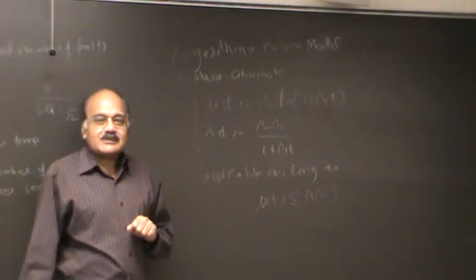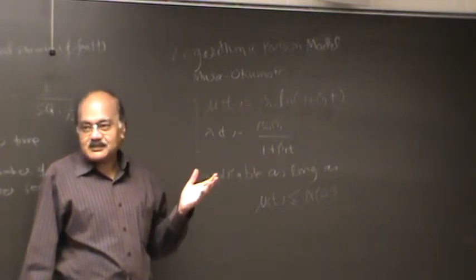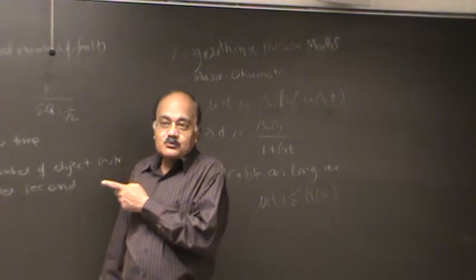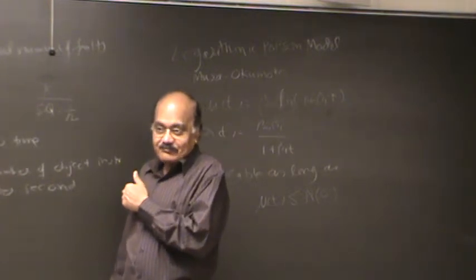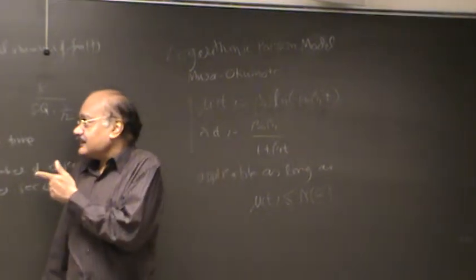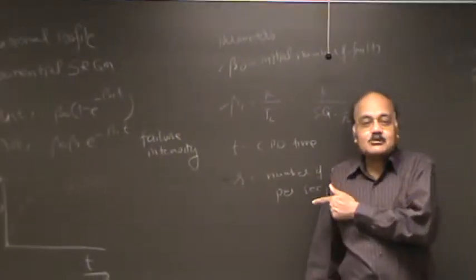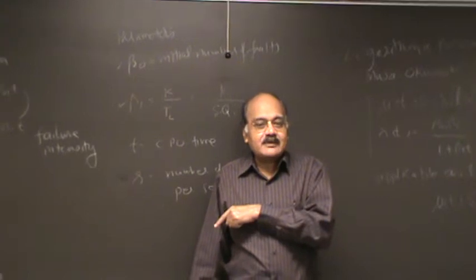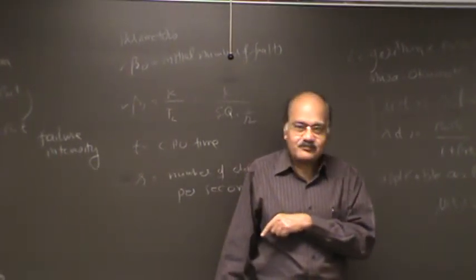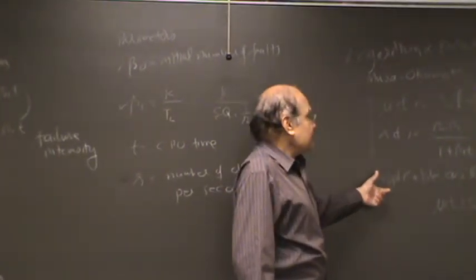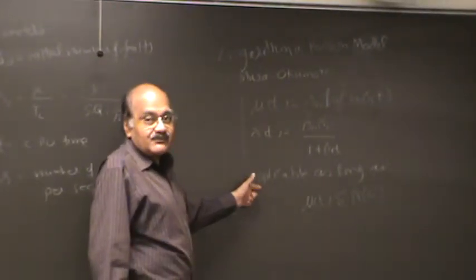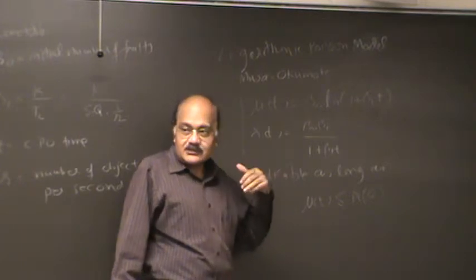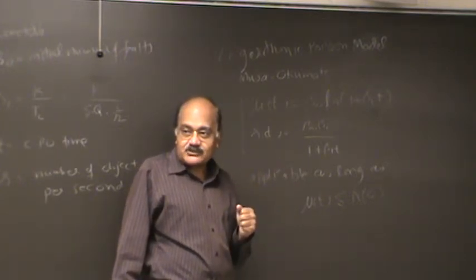So if you assume that you will keep on finding faults, then you will find an infinite number of faults in this, as opposed to the exponential model, which is a finite faults model. So basically in the exponential model, in infinite time, you will find a finite number of faults. For the Musa-Okumoto model, for infinite time, if you did not have this exclusion, you will find an infinite number of faults.